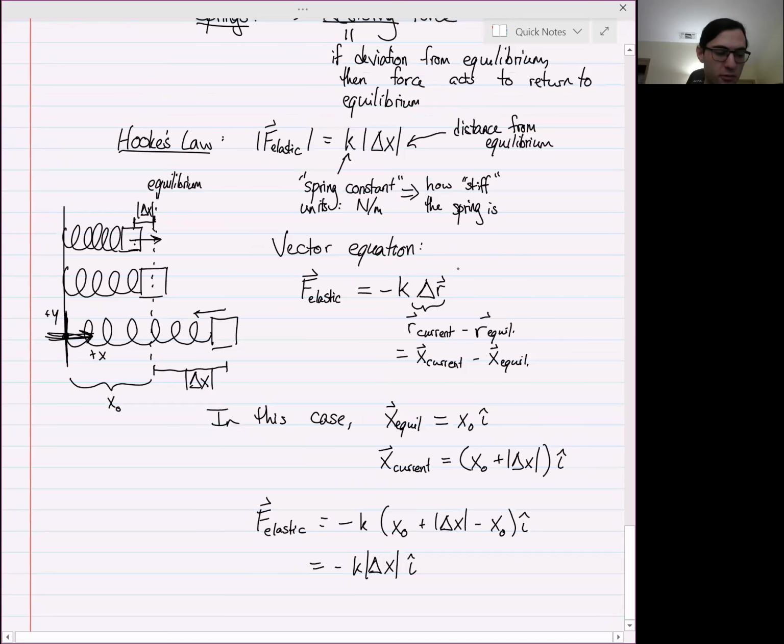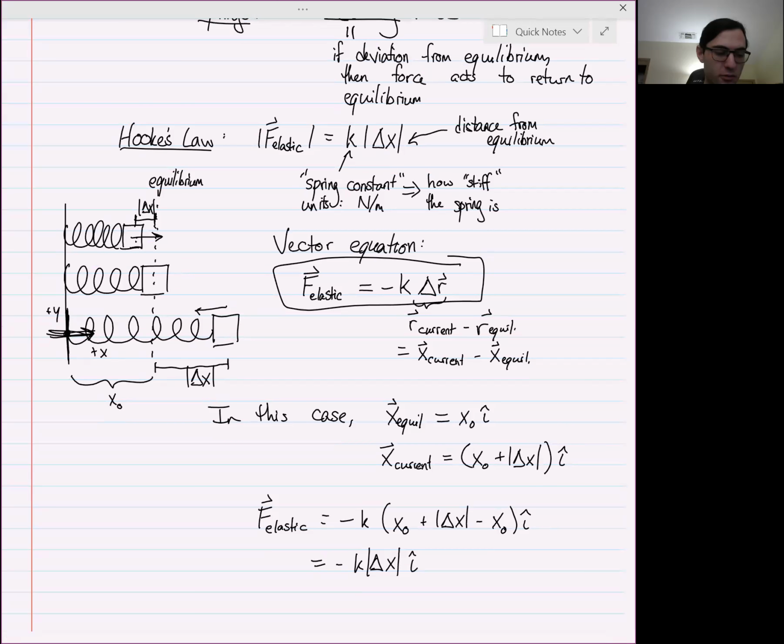The negative sign accounts for the fact that it points back towards equilibrium. And the reason for that is that the vector delta r points from the equilibrium position to the current position. So the force vector points in the opposite direction, from the current position to the equilibrium position. All right, so I'm going to end it there.